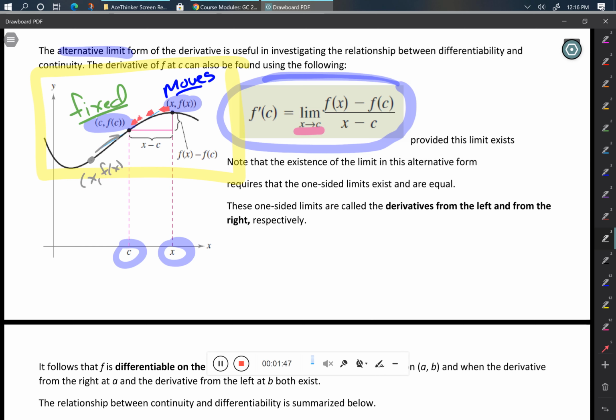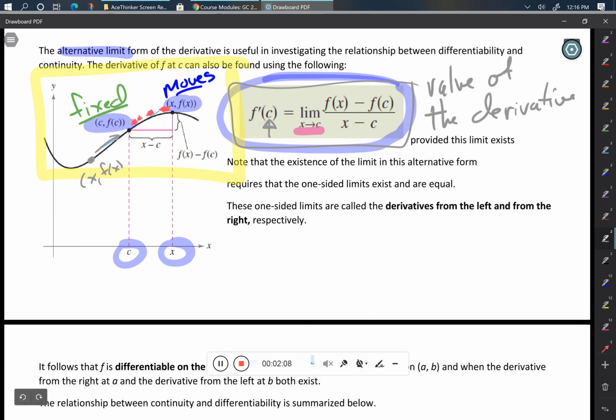Okay. You'll notice that this is just a different way to do what we've already done. This is a different way to find the value of the derivative. And why is it the value of the derivative?